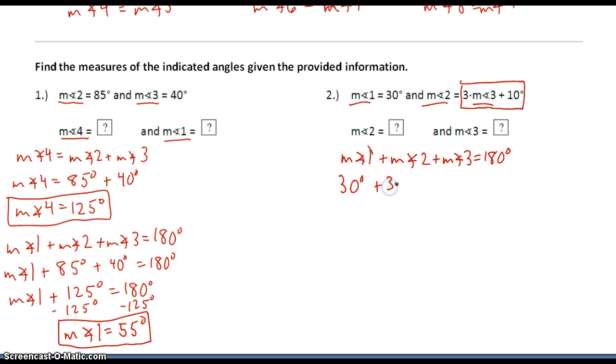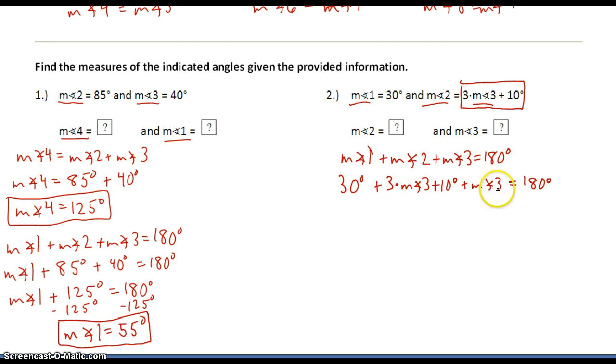It's 3 times the measure of angle 3 plus 10 degrees. So I'm going to substitute this entire thing in for the measure of angle 2. And I still have a measure of angle 3 here. And it still equals 180. So all I've done is taken my equation and substituted in my given information.